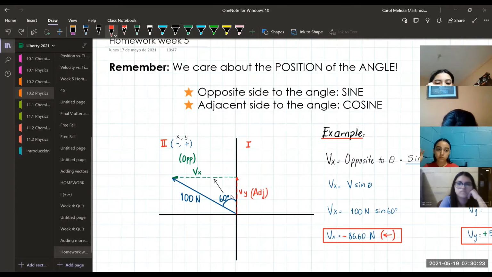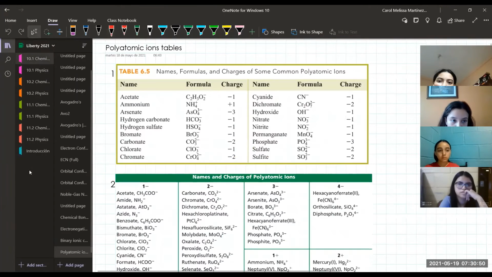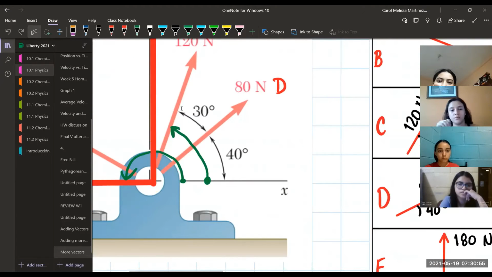In the end, I honestly prefer to work with the angle that is given, because when I need to find the mistake, it helps me to see the given angle, not the angle that I calculate after for being more convenient. So if I give you the angle measured from the x-axis like I show you here, you can do it like that, or you can say that I can measure this angle from the y-axis.